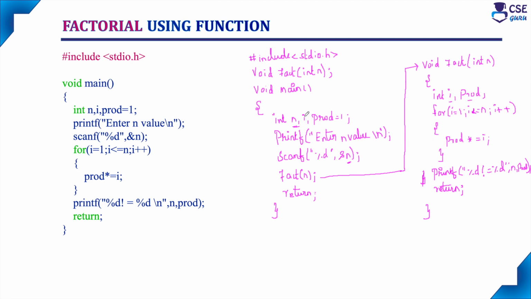These two variables i and prod are not required to declare here in main function since we have not used that variable inside main function. Only we have used the variable n. So this i variable we have to declare here as well as this prod variable, and it should be initialized to 1.